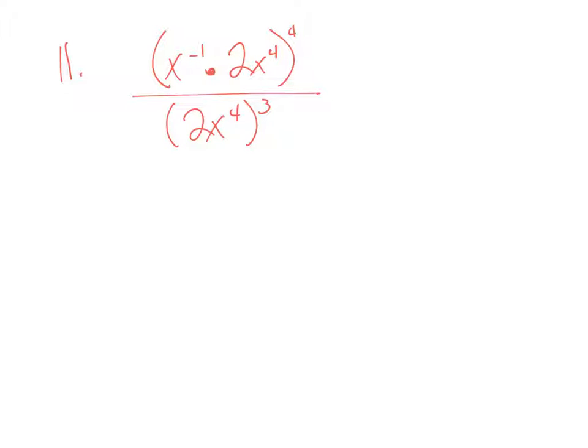Okay, the first thing you need to do is get rid of the parentheses, which means that your negative 1 needs to go to the 4th power. Your 2 needs to go to the 4th power, and your x to the 4th needs to go to the 4th power.